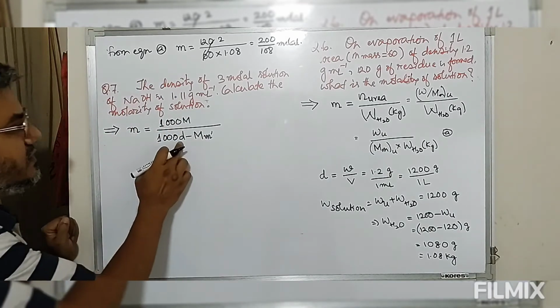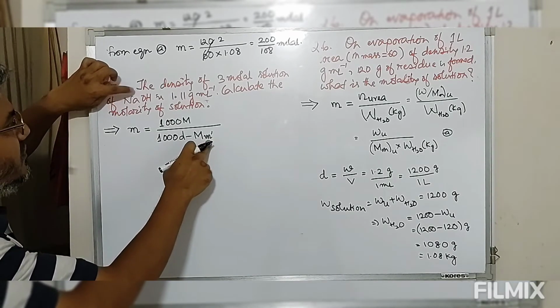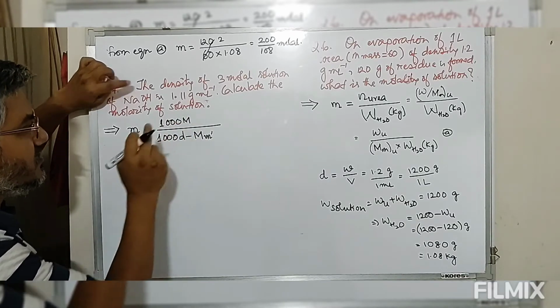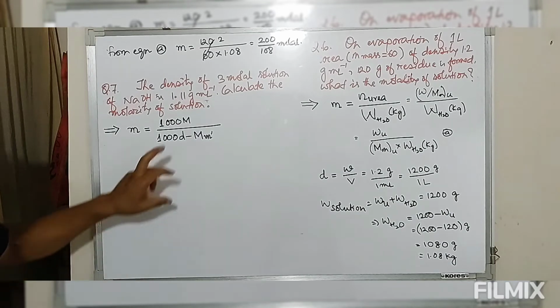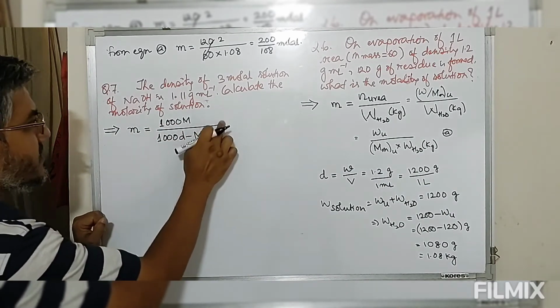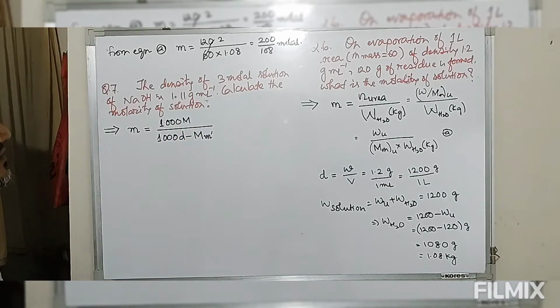Now look at this, density is given, we know the formula, so we can easily use the molar mass of solute. Molarity is given, we have to find the value of molality. So now we have to rearrange this.